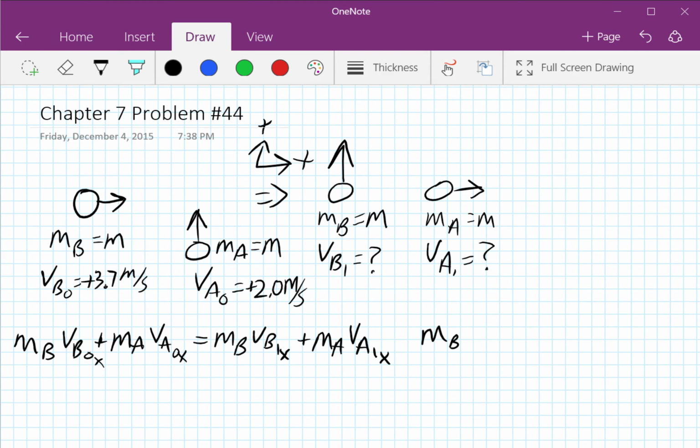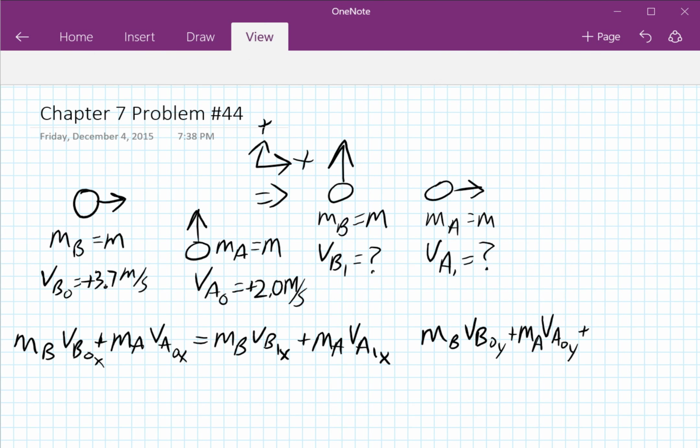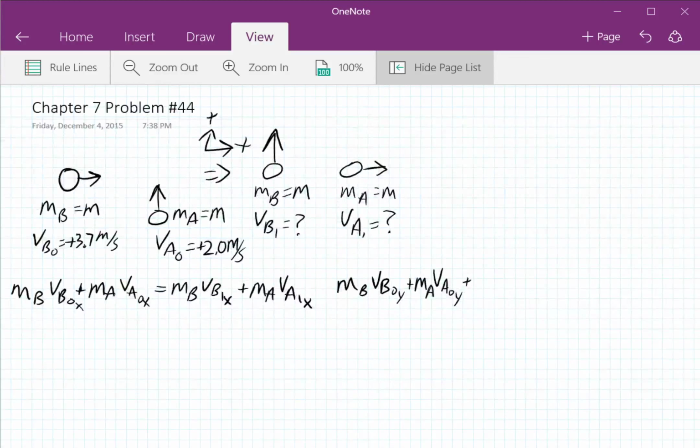Okay, so we're going to have m b v b initial in the y plus m a v a initial in the y, let me zoom out, not plus, equals m b v b final in the y, plus m a v a final in the y.